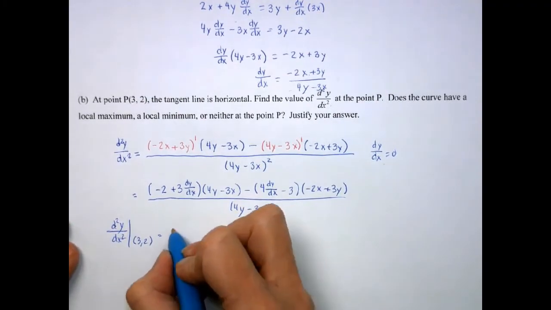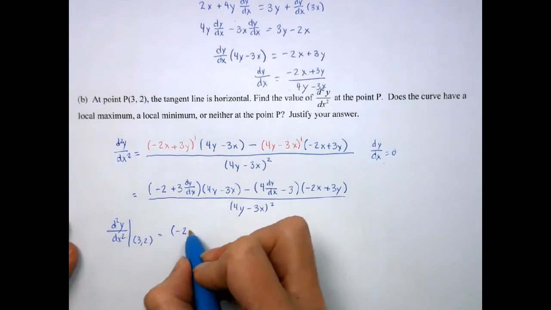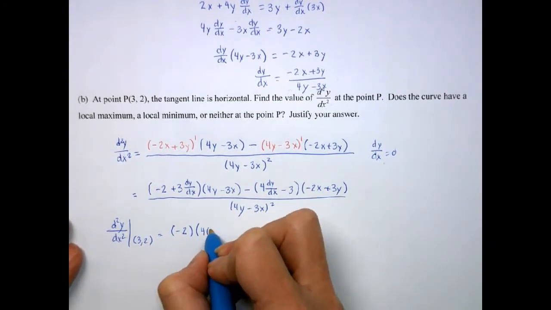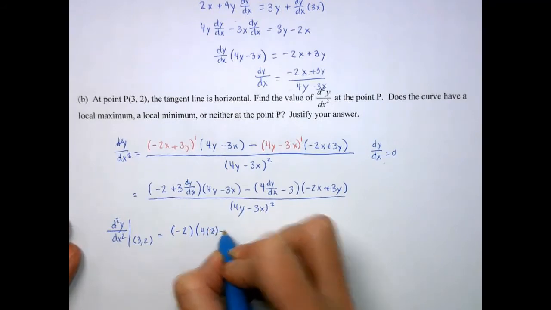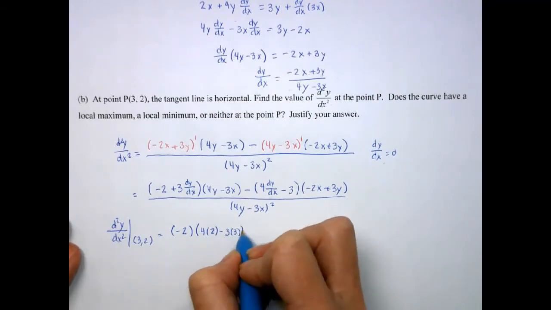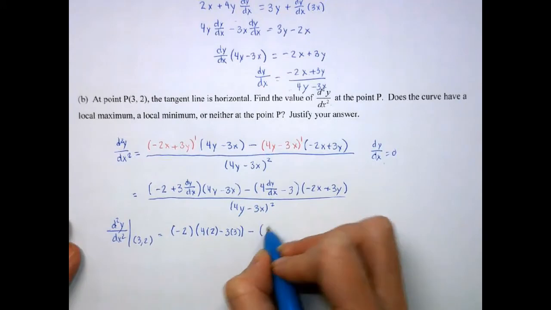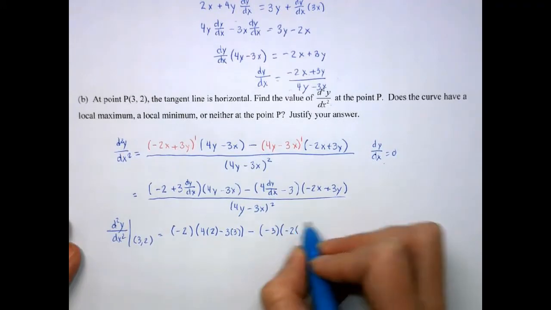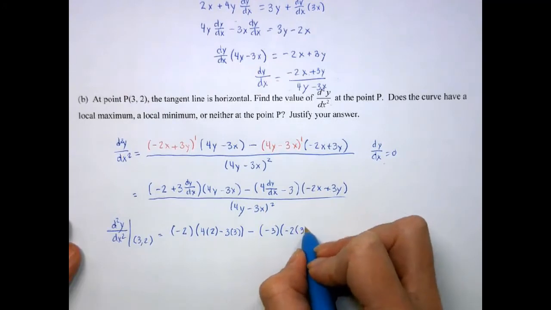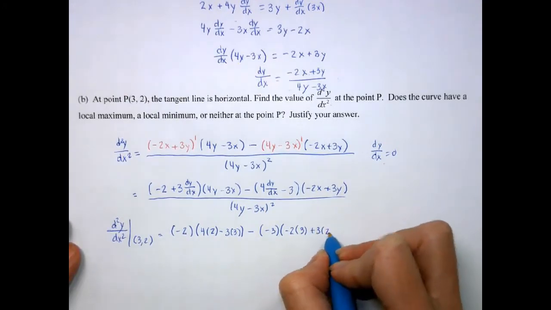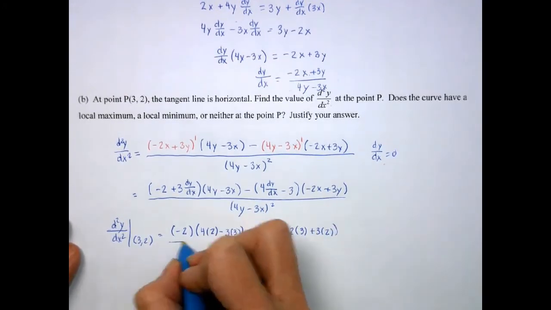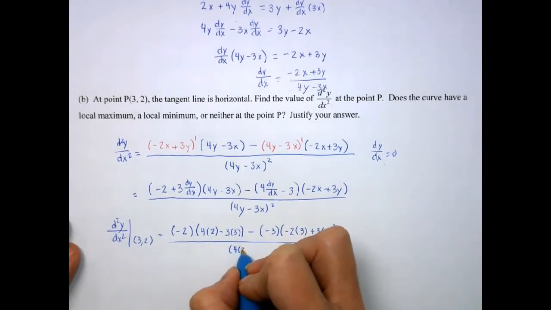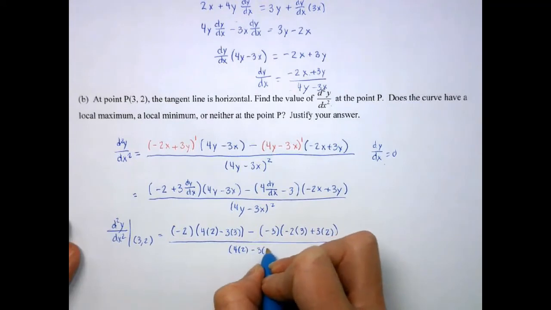So it's going to be negative 2 plus 0, 4 times 2 minus 3 times 3, minus 4 times 0, so negative 3, negative 2 times 3 plus 3 times 2, over 4 times 2 minus 3 times 3 squared.